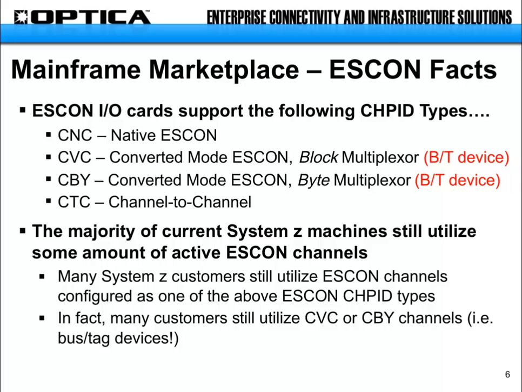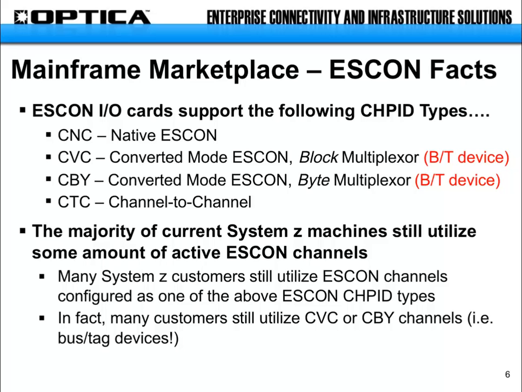In fact, from our experience, we think that roughly 75 to 80% of Z customers still have ESCON chiplets genned. Now, whether or not they're using those actively is another question, but certainly our guess would be that somewhere in the neighborhood of 50% of every System Z customer is still utilizing ESCON chiplets of some kind. So you might find that interesting.